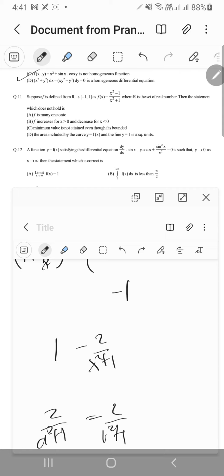Think if this was equal to 1, then this would be 0, and then you just have x squared plus 1 approaching infinity, and that approaching thing, that's why it's not included.